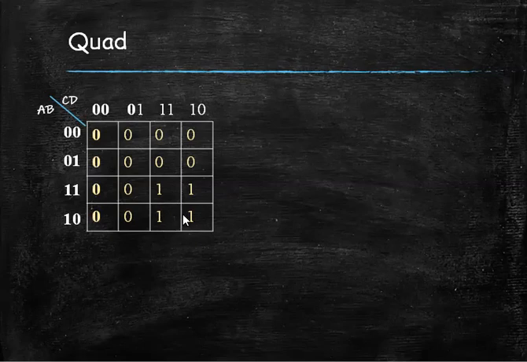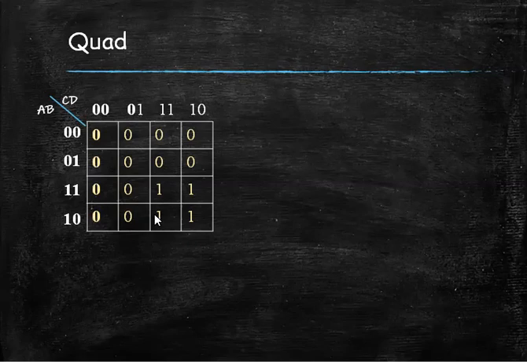Okay, and here A, B bar, C, D. Here A, B bar, C, D bar. Then B also changed. Then when we move horizontally, D changed. When we move vertically, B changed.